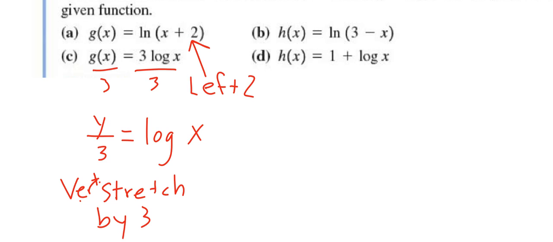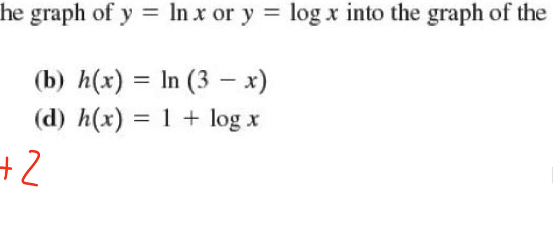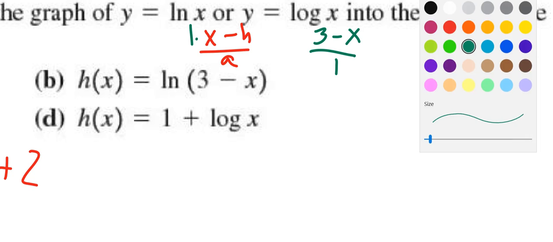Now, there's two things going on in letter B right there. Okay. In letter B, notice that inside we want it to say x minus h over a or something like that. And what's the coefficient of the x term? It's a 1. Okay, so they've done a little algebraic razzle-dazzle.